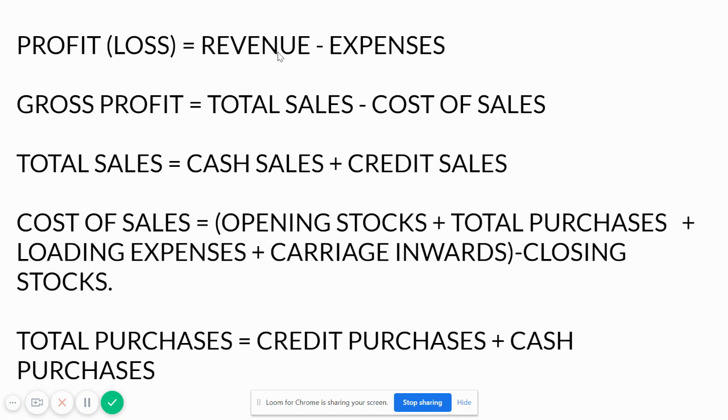Revenue means in simple terms the income. So if the total revenue is greater than the total expenses or the cost that you have to spend with regard to a business, you will end up with a positive figure, and that will be known as the profit.